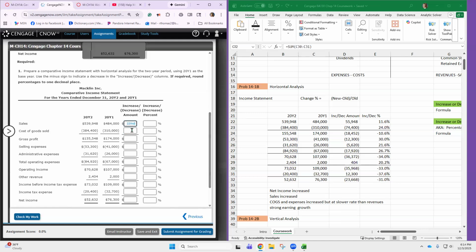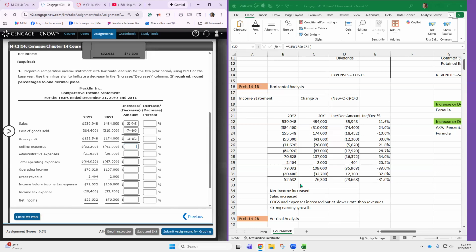I'm going to go ahead and put the increases in dollars or the decreases in dollars first. Okay, and I'm going to put a negative when I need it to have a negative. Okay, and then I'm going to put the percentages in.